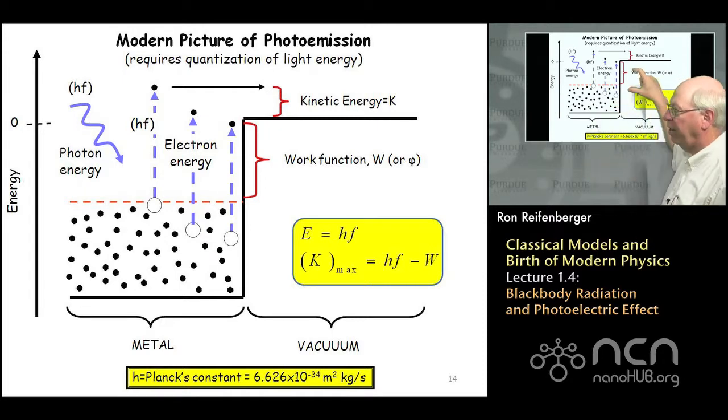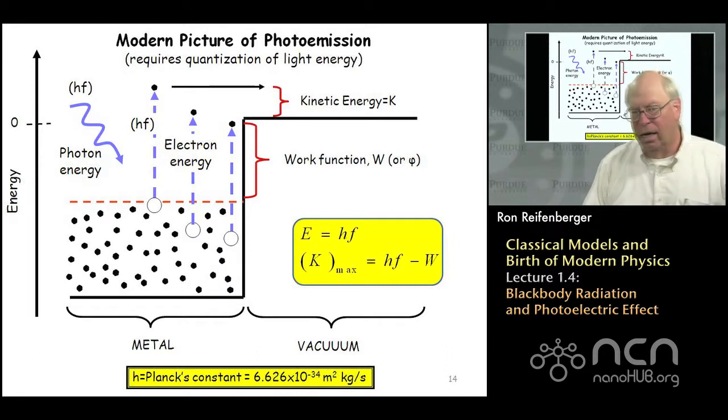This barrier has a certain height which separates the vacuum level, which is up here, from the most energetic electron, which is down here. This barrier height is referred to as the work function, and that work function is given the symbol capital W, or very often the symbol phi.